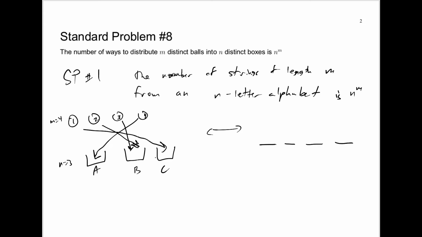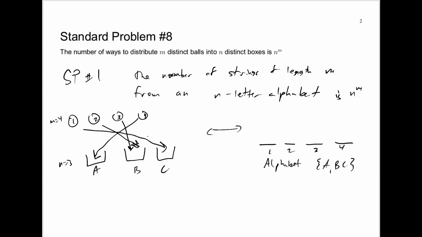Well, you can think of the letters in the alphabet. That's why we're using n equals 3 to denote the boxes here as the labels on the boxes. So here, think of the alphabet. It's just A, B, C. We had 4 distinct balls. Think of the balls representing the spaces in the string, the positions, 1, 2, 3, and 4.